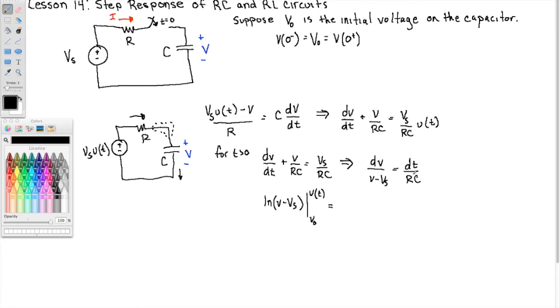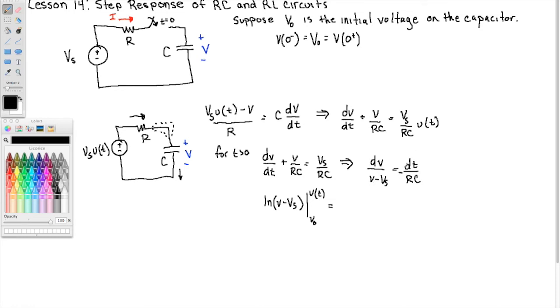Oh, I lost the negative sign here. This should be negative, because when I bring it over to the right, I need a negative there.